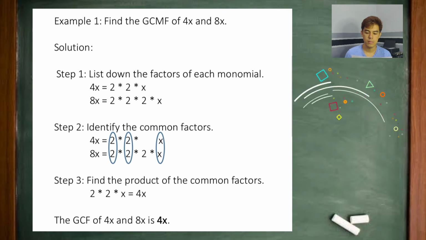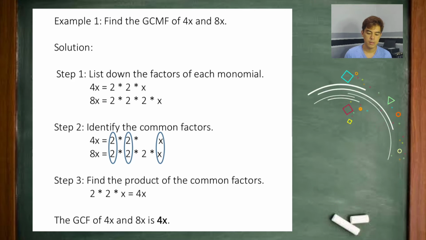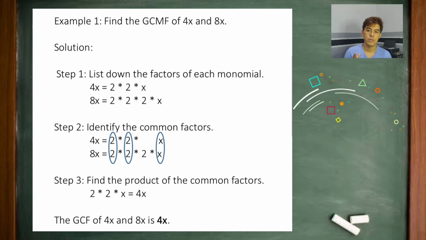So step number 1 is to list down the factors of each monomial. And then step number 2, we identify the common factors. So ayan, naka-encircle sila. And then step number 3 is to find the product of these common factors. So 2 times 2 times x equals 4x. So the GCF of 4x and 8x is 4x.